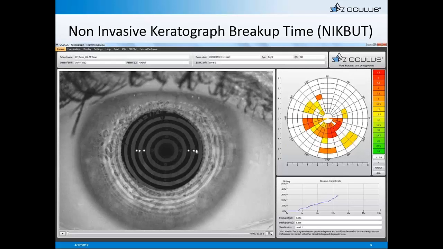We've got a protocol that has been written, so at your request, we could certainly send that to you, and those are some of the things that I've talked about in that protocol as well. So keep in mind the NIKBUT. That's extremely important to your dry eye practice.